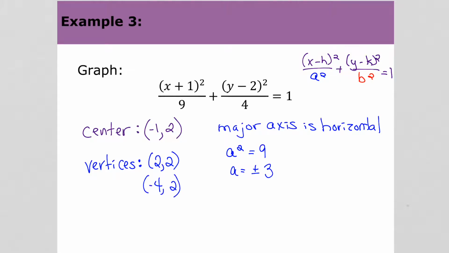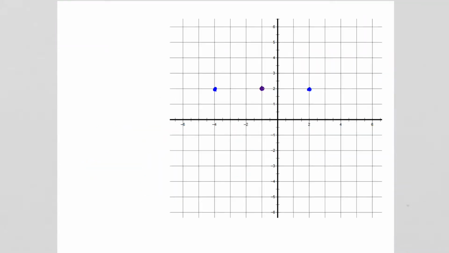So those are two of the vertices. The other 2 vertices are found by finding b. b squared is 4, so b is positive or negative 2. And we'll come over here and go 2 down from the center and 2 up from the center. So my other 2 vertices are at negative 1, 0 and negative 1, 4.